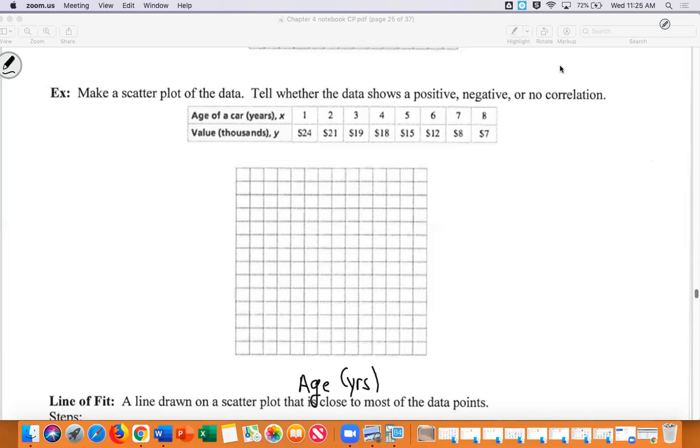And then what's going to go on this axis, Chucky? Value. And that's in thousands of dollars. Okay, so I labeled my axes.